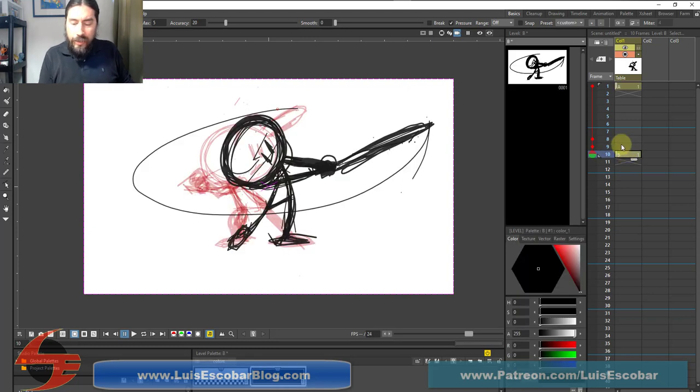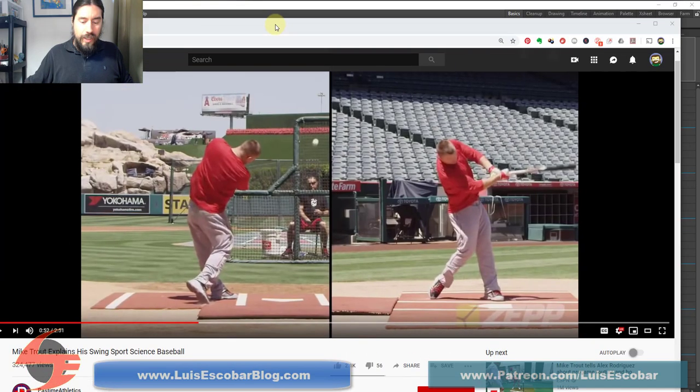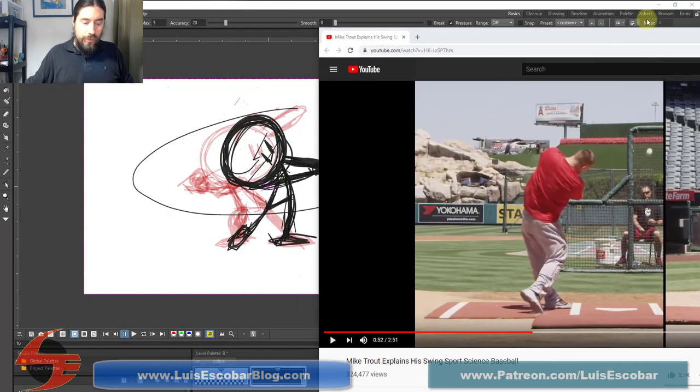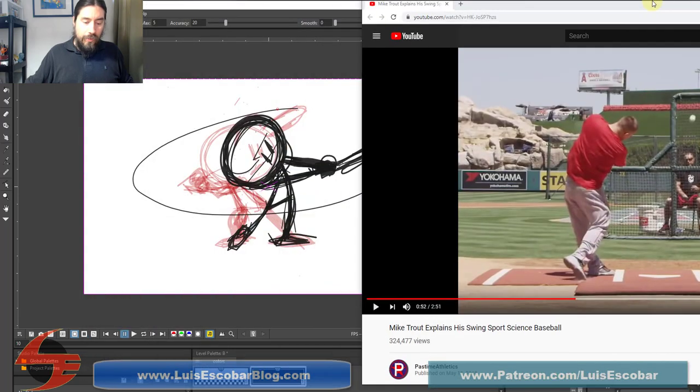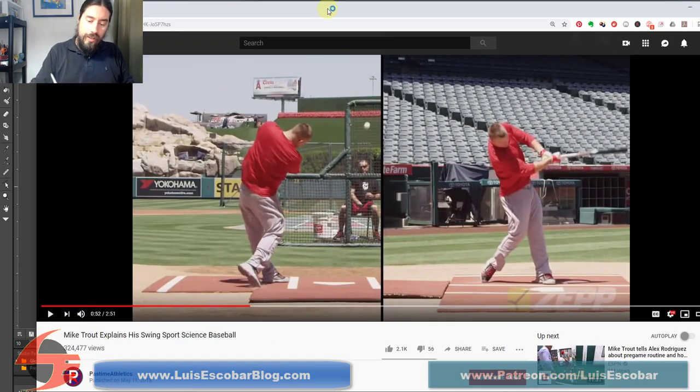Okay, and then we got to go, and so this is what I saw, and this is what I drew, and I was really pushing this arc, like really, just giving it that. See how his arms are a little bit bent?